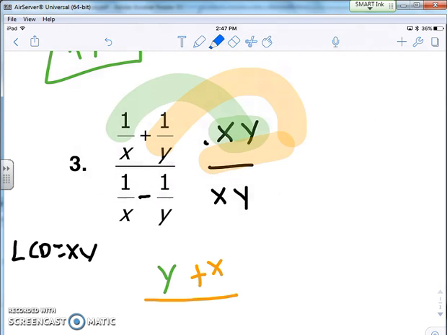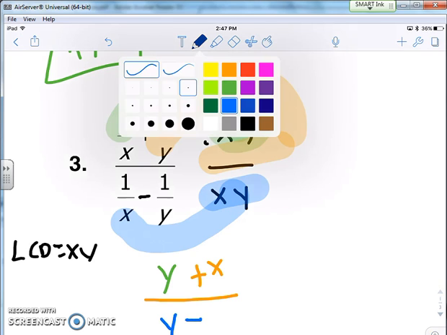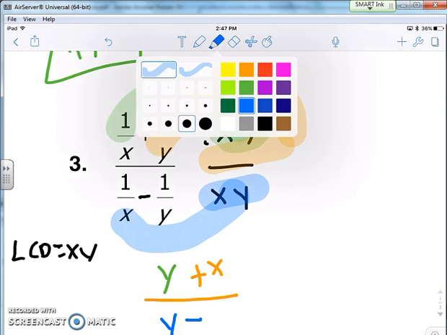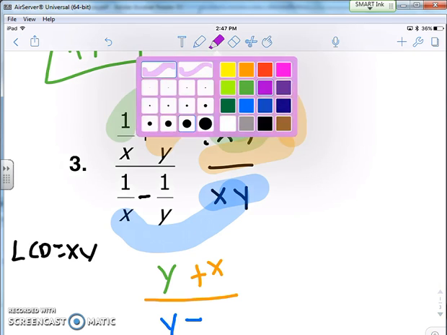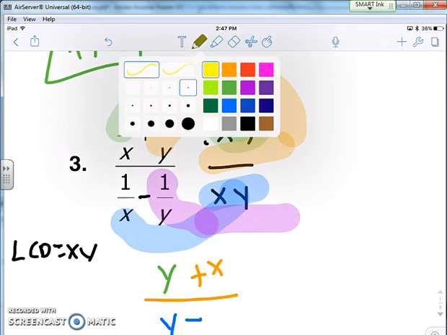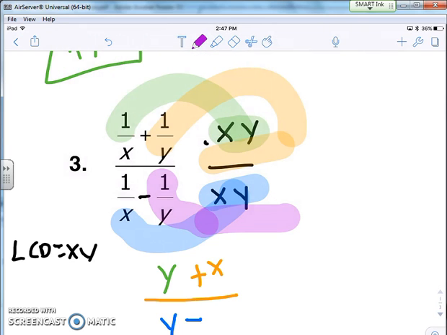Xy times 1 over x gives us y. There's a minus sign. And last but not least, xy times 1 over y. And that gives us x. And that's all we get.